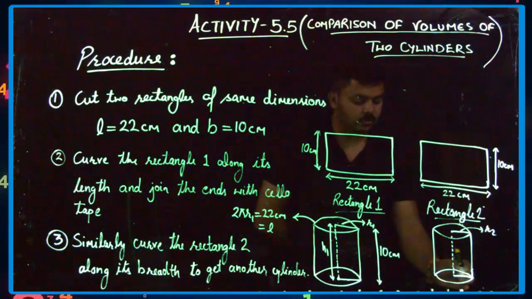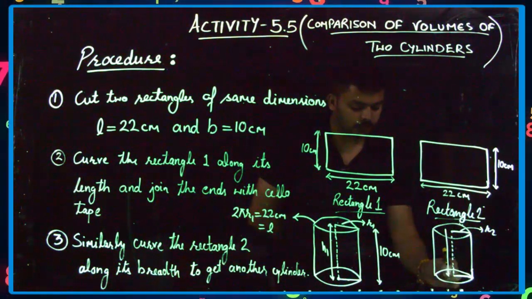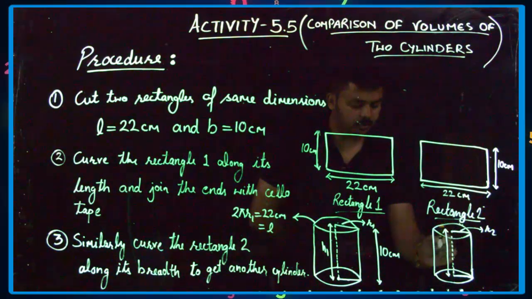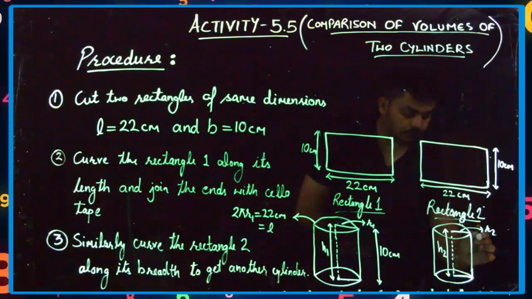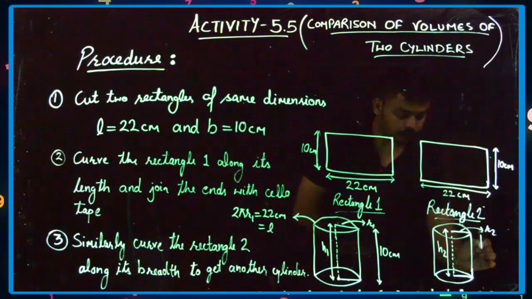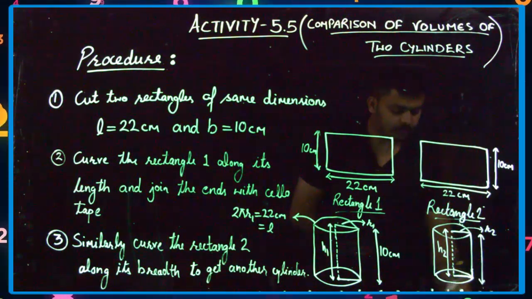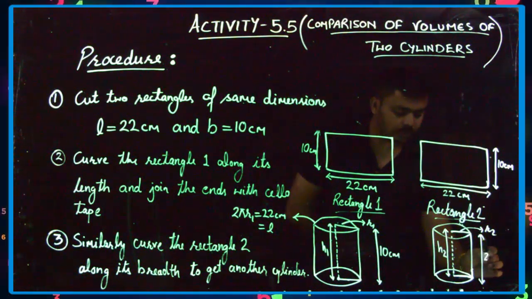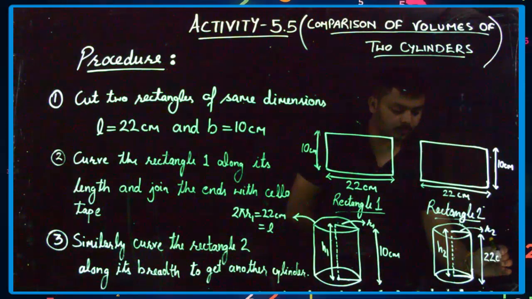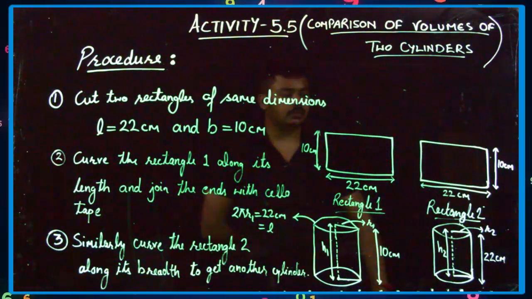This is also R2 radius. This is height h2, and the height h2 is now 22 centimeter, as we have curved it along its breadth.